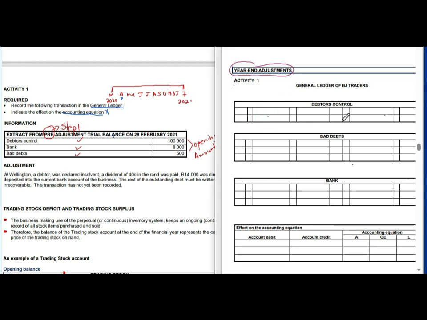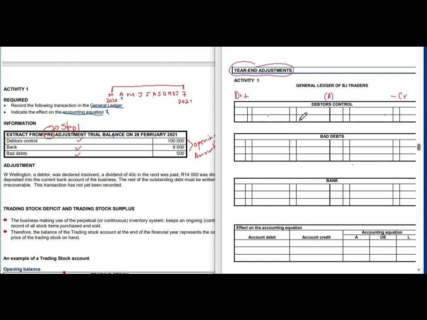We have our answer sheet here, and we have debtors control. Debtors control is classified as an asset, so it will increase under the debit side and decrease under the credit side. It is a ledger in which we record all goods and services we sold on credit to our customers.